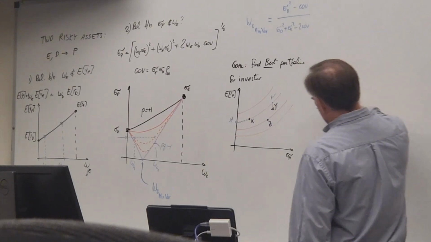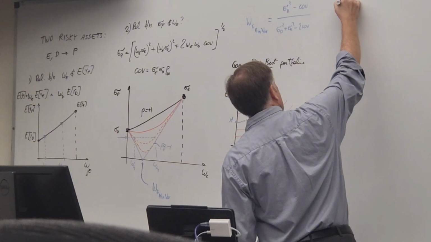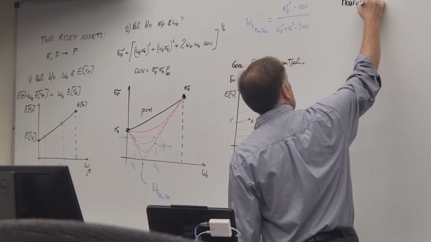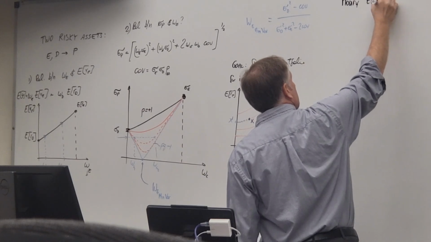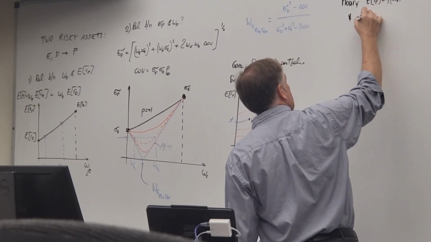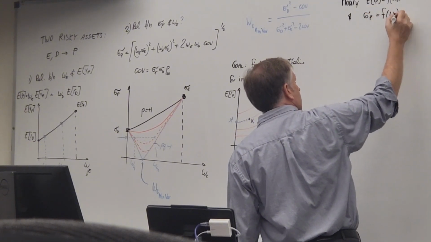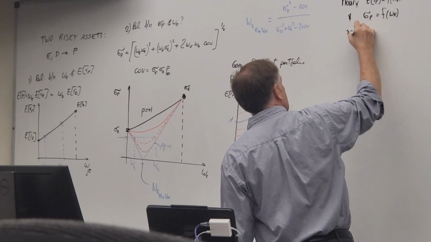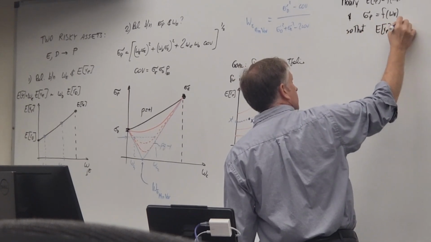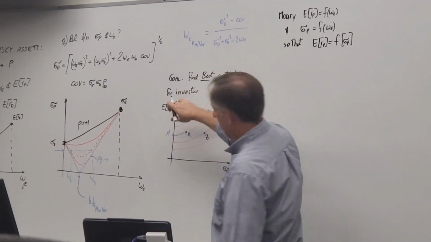Well, given that this is what the investor thinks, then we need to modify the graph, that of ERP as a function of the weight of equity, and sigma p as a function of the weight of equity, so that you have ERP as a function of sigma p, like this graph.